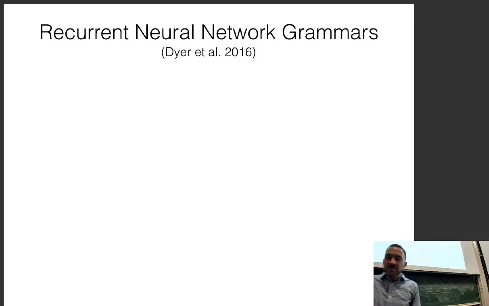semantic role labeling or something like that, where you have a label over the semantic roles. An interesting model for this is recurrent neural network grammars. This is interesting for two reasons. Number one, it's a good model over sentences to do constituency parsing. The other reason is that it's actually a language model also. It's a model that can calculate the probability of a sentence.